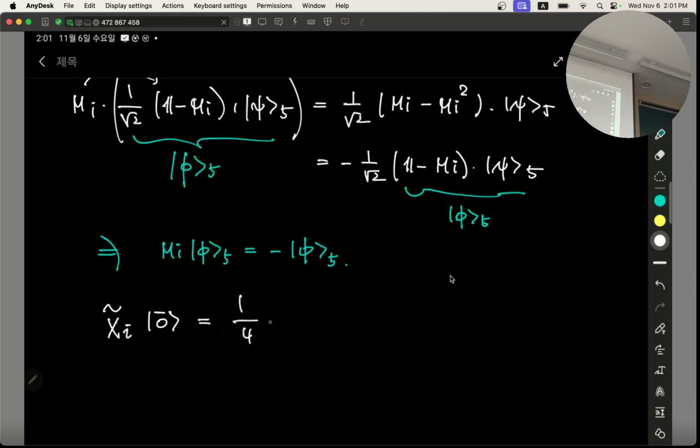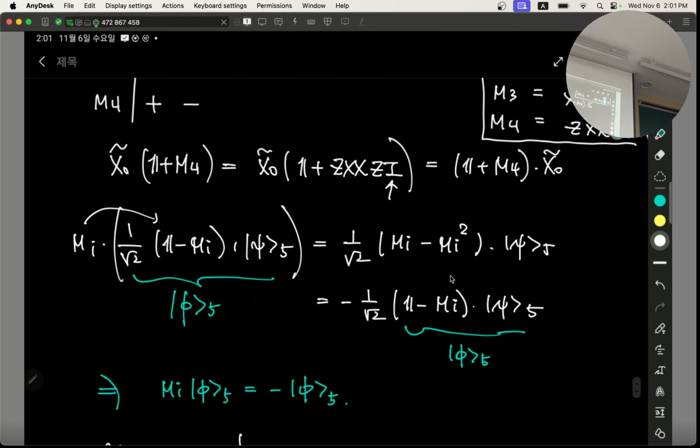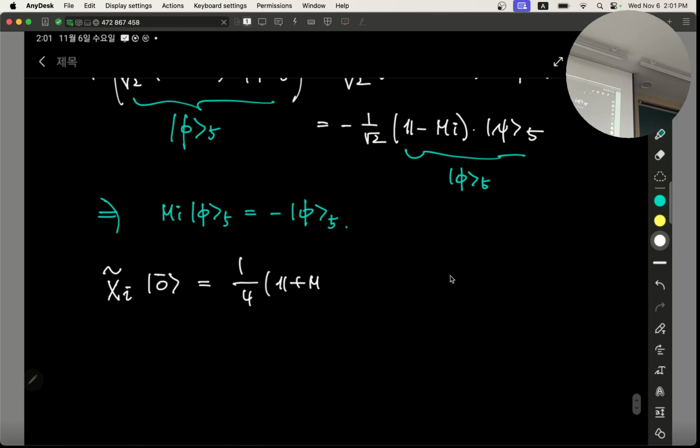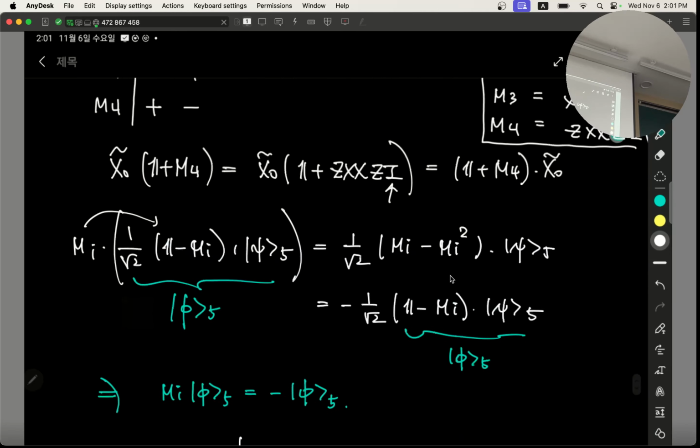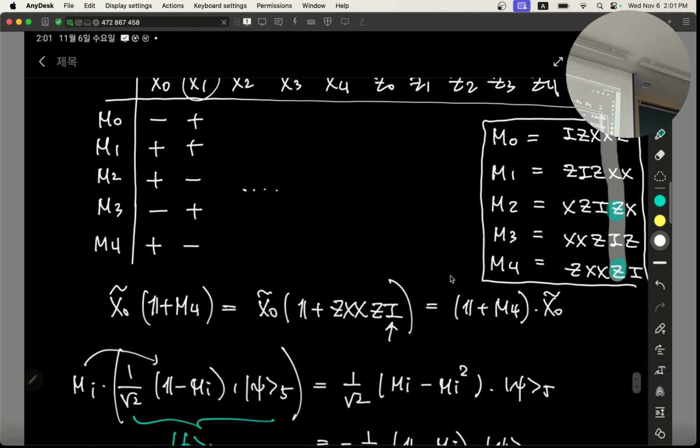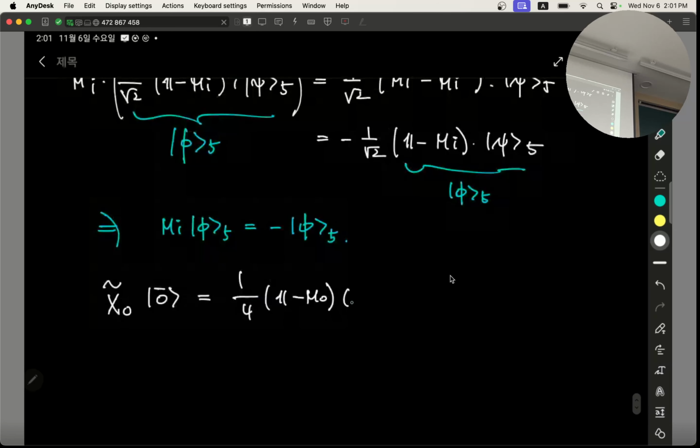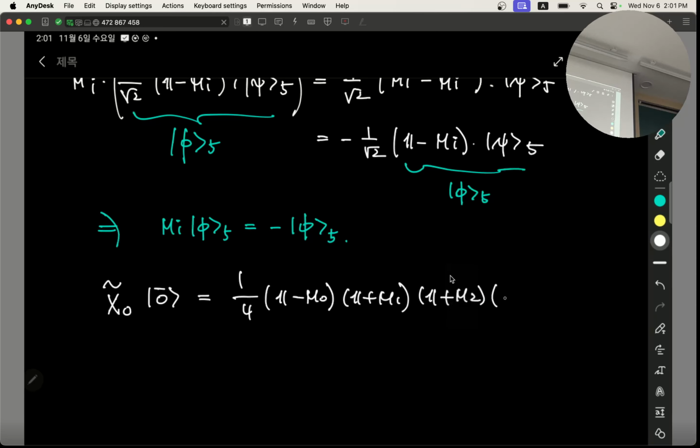Oh, I have to specify one thing here. Let's say x0. So I have 0, 3: 1 minus m0, plus m1, 1 plus m2, and 1 minus m3 times x tilde 0, 0, 0, 0, 0.